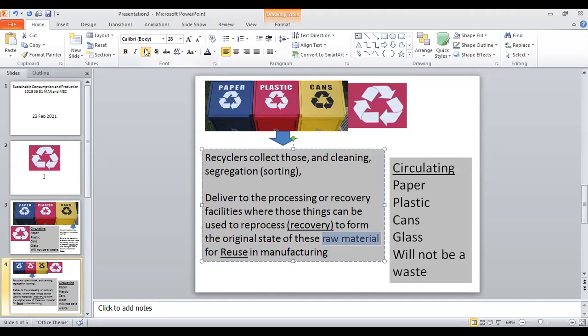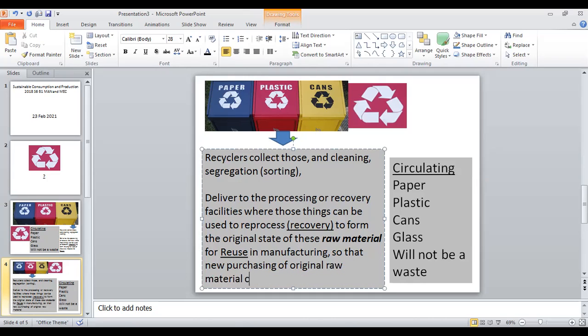Raw material for reuse in manufacturing, so that new purchasing of original raw material can be reduced.